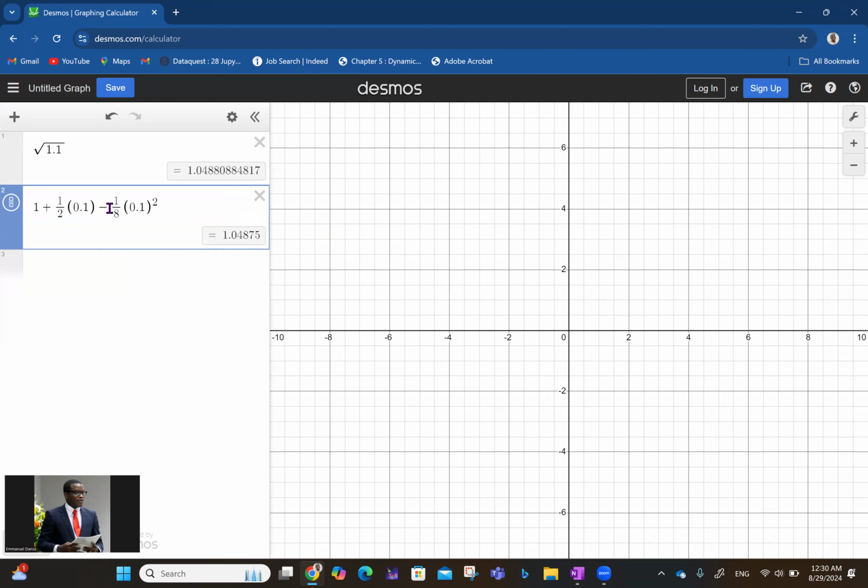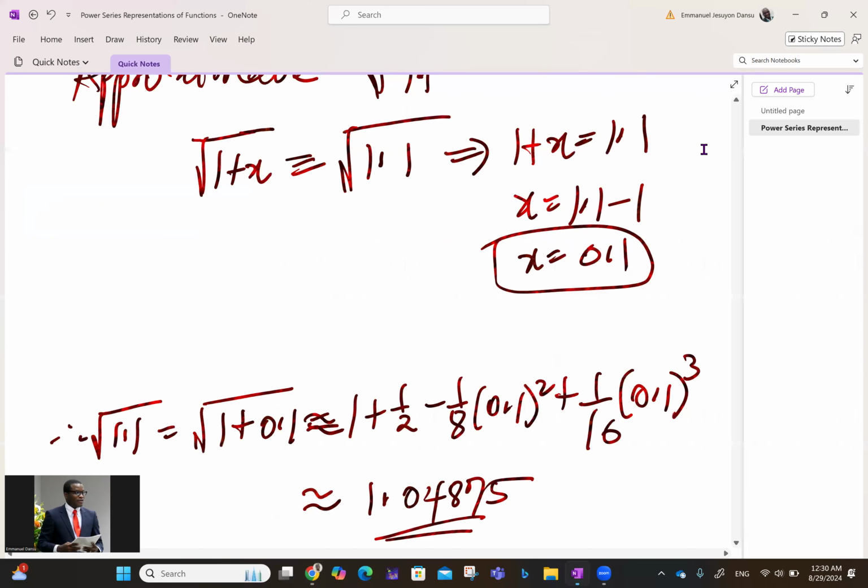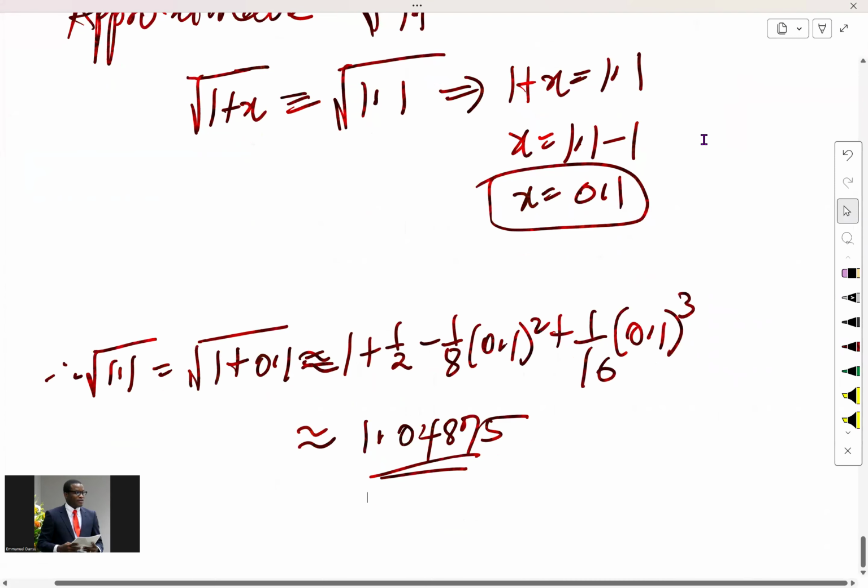So if we continue, we add the next term, that's plus 1 divided by 16 times 0.1 raised to power 3. So even closer. And that's how it all goes. So you can see it's really interesting once you understand what's happening. This is really cool.